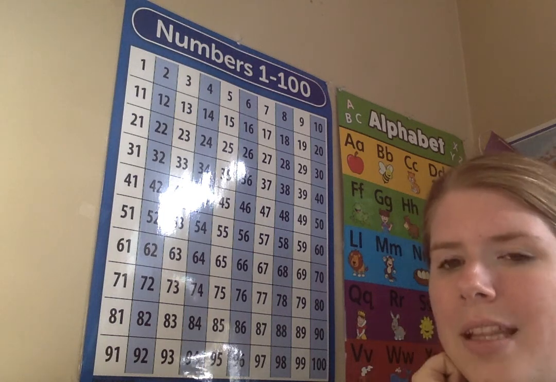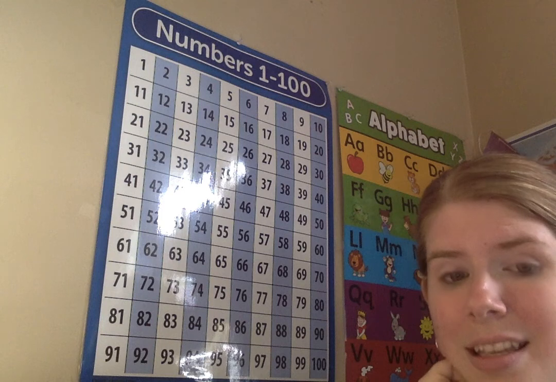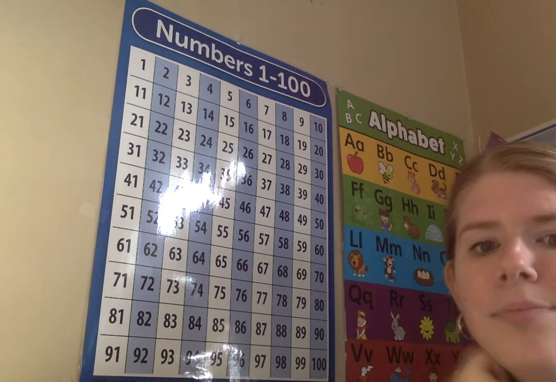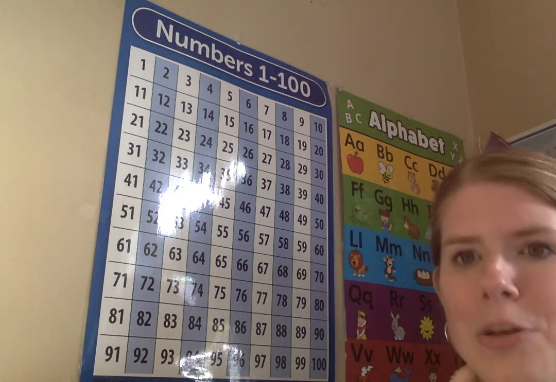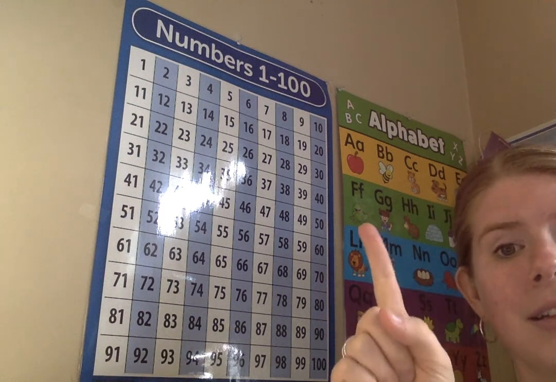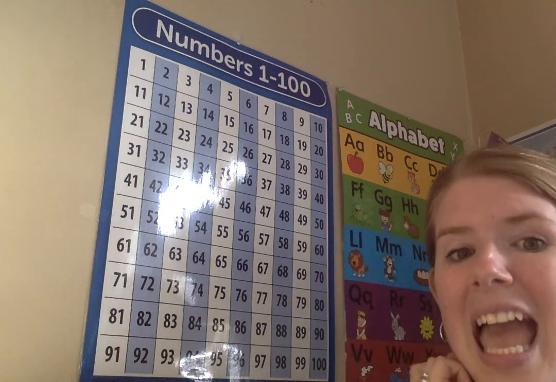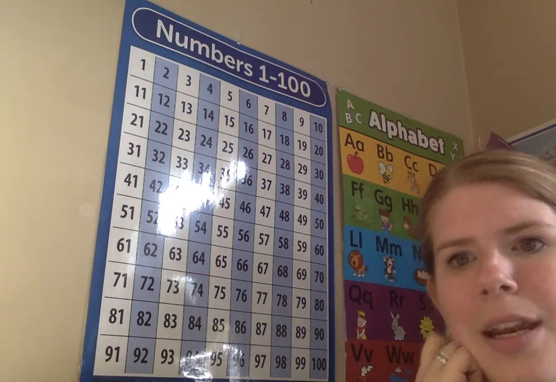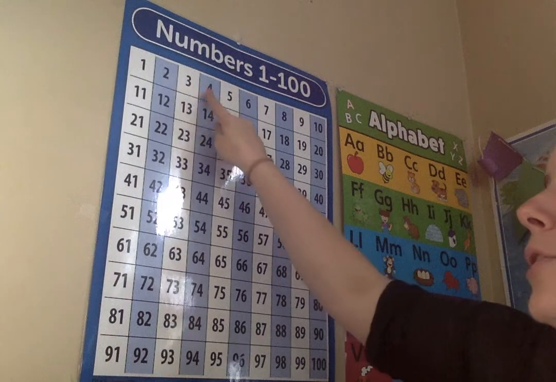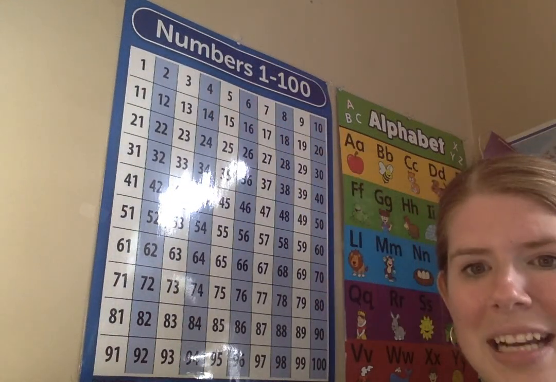And we know that that's a pattern because we can use our skip counting to help us figure it out, okay? So we can skip count using the 100's chart, okay? Remember, when we count by 2's, every number is an even number. So every number is a blue number when we count by 2's on the 100's chart. Let's practice counting by 2's.